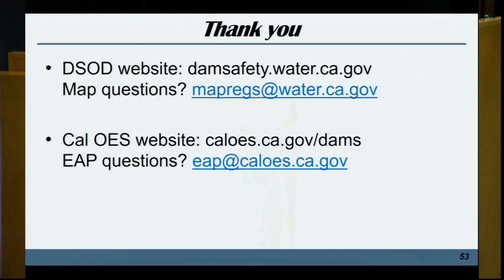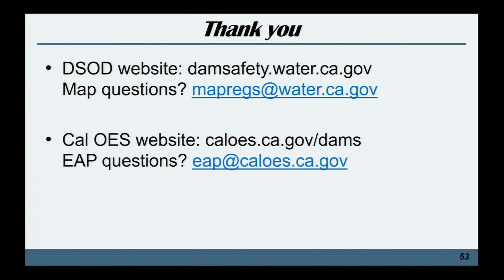So we do have another question online, but before we go there, I know when I come to workshops like this and a lot of information gets thrown out, I'll be driving home and go, oh, I wanted to ask that question. Why didn't I ask that? So how can you do that? Well, as you see on the screen here, and we've talked about these emails multiple times, you could email us any questions to either DSOD or to Cal OES. DSOD questions on the inundation maps go to mapregs, MAPREGS, at water.ca.gov.